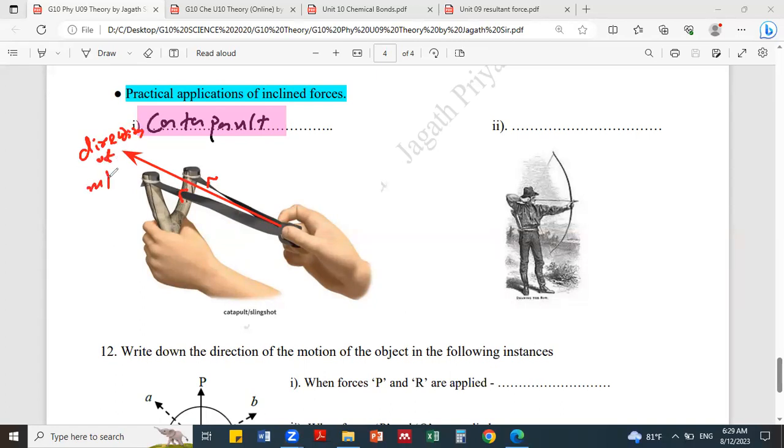That is the resultant. Remember, students, it is moving along the direction of the resultant. Note down that the direction of motion is equal to the direction of the resultant force.